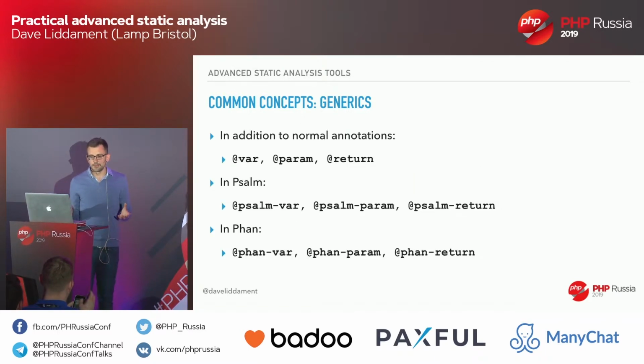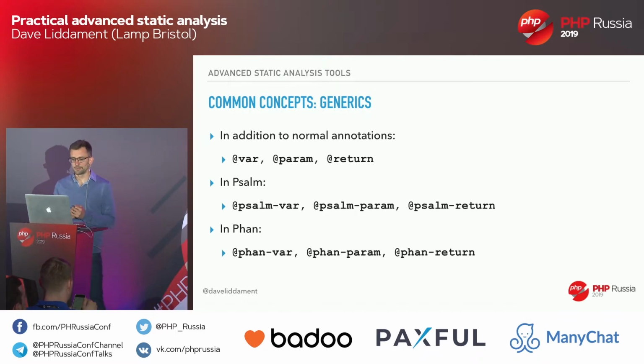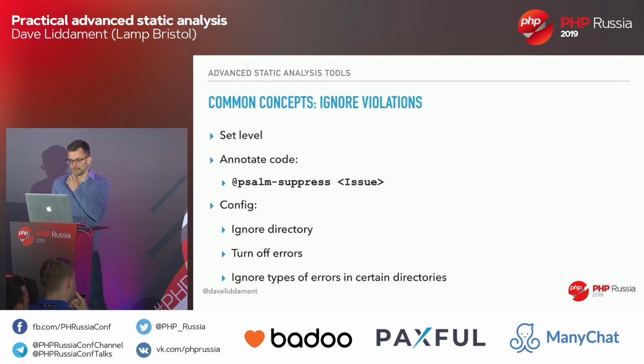So Psalm has things like Psalm var, Psalm param, and Psalm return. And what that means is it will ignore the normal var, param, and return methods, and it will use what it sees there. Phan has something similar as well. And the other common concept between all of these tools is, as we looked at earlier, they all have this concept of levels.